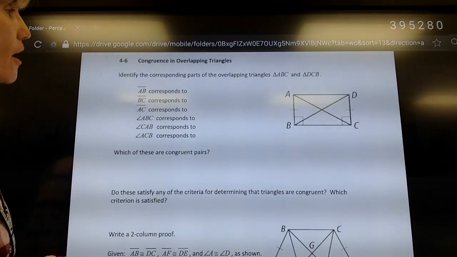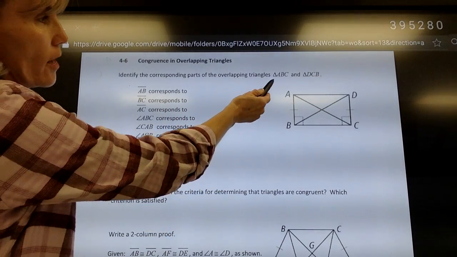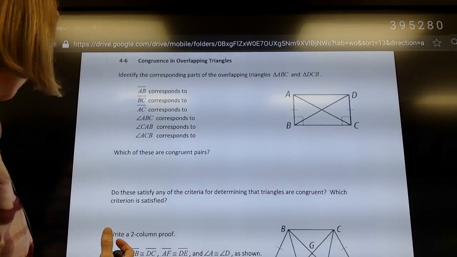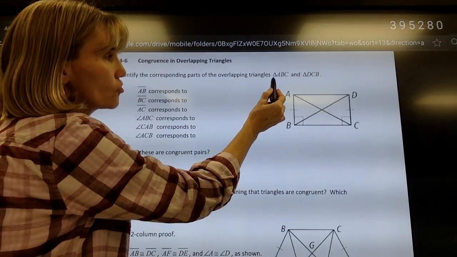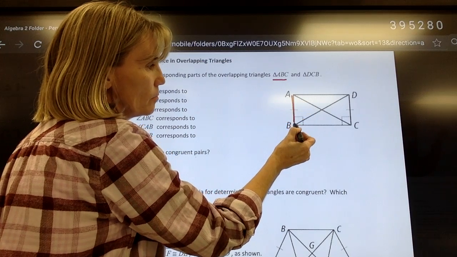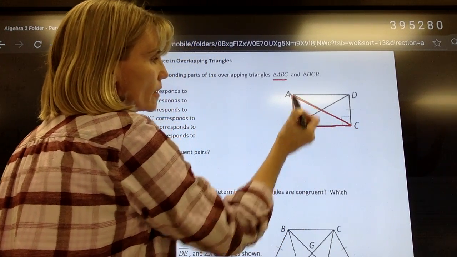It says identify the corresponding parts of the overlapping triangles, triangle ABC and triangle DCB. So let's try to look at these triangles individually. First off, triangle ABC. Here's triangle A to B over to C. That triangle is in red.